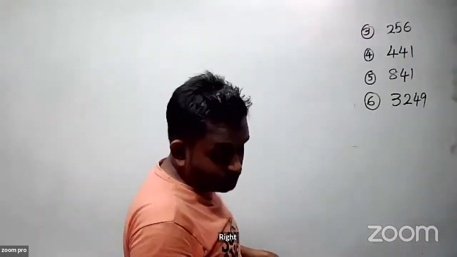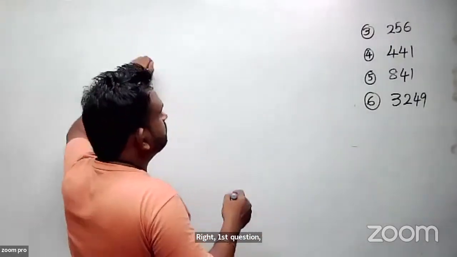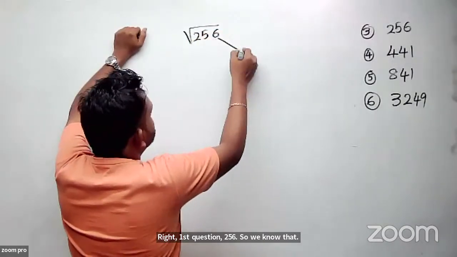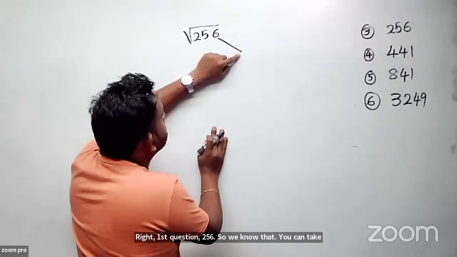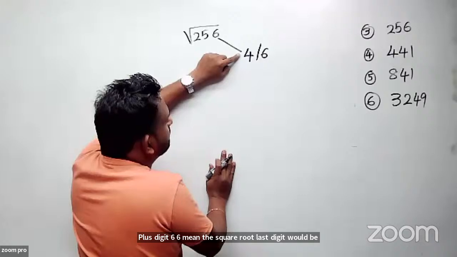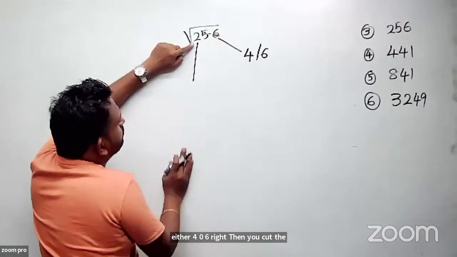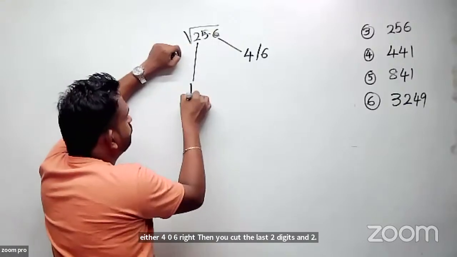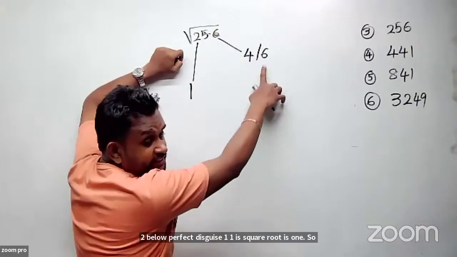Right, first question, 256. Last digit 6. 6 means the square root's last digit would be either 4 or 6. Then you cut the last two digits and 2 remains. The perfect square below 2 is 1, and 1's square root is 1. So now you have two options, either 14 or 16.